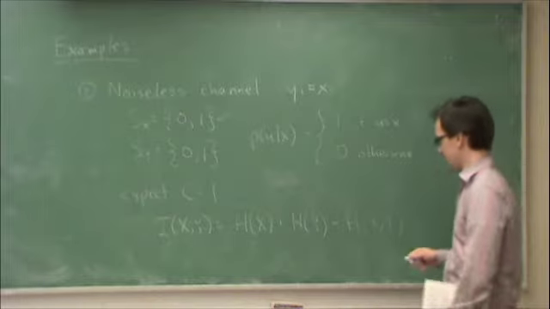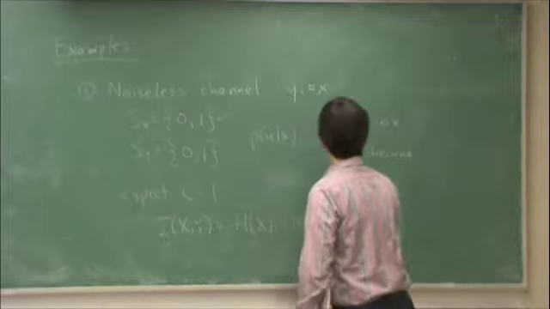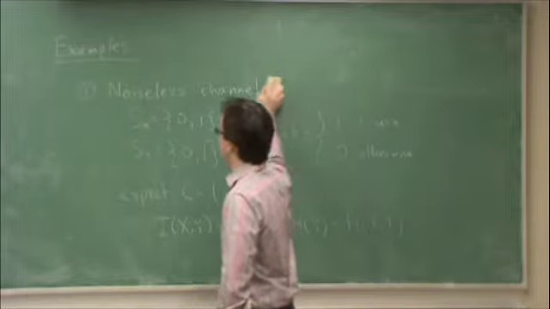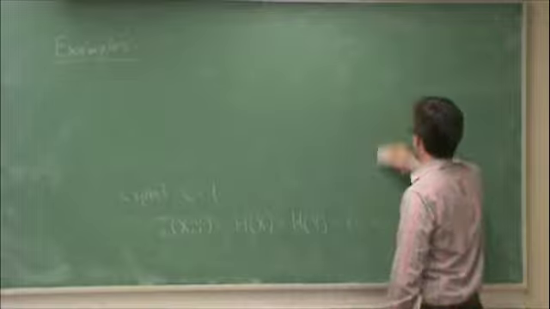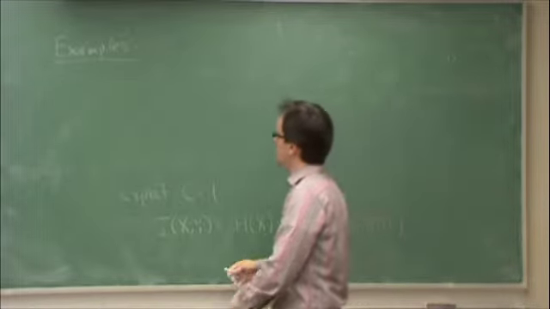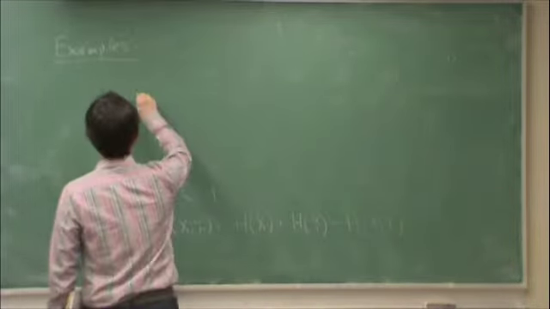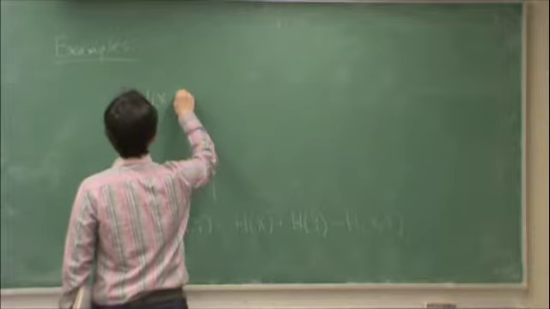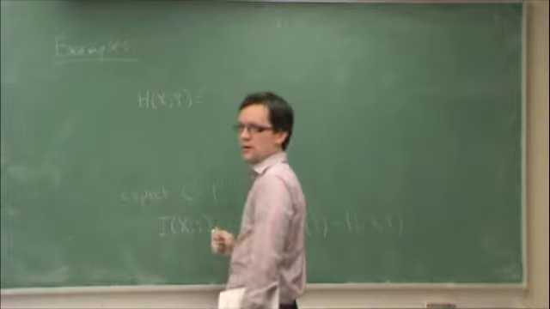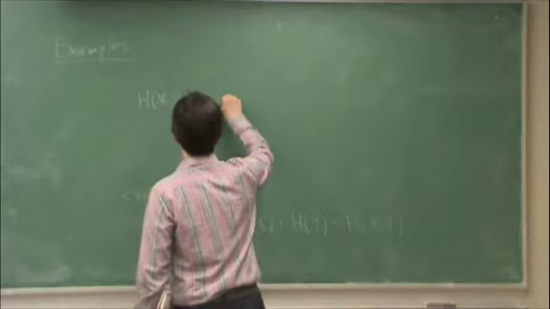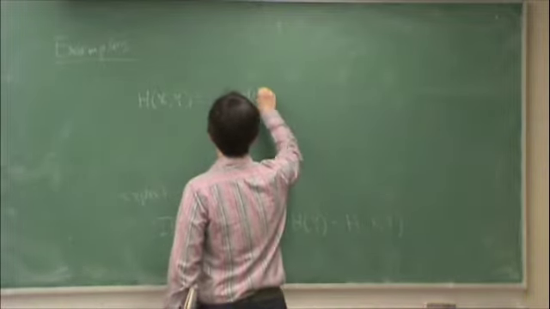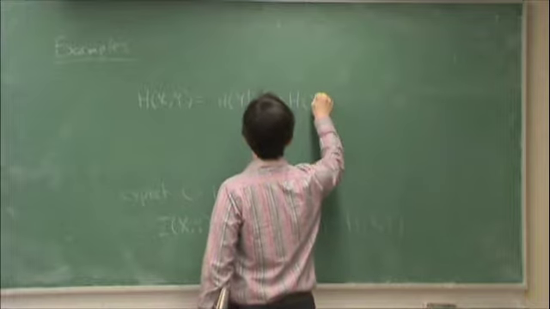To make things a little easier, remember back when we talked about joint entropy, I can break this up into conditional entropy. I can say this is equal to H(Y|X) plus H(X).